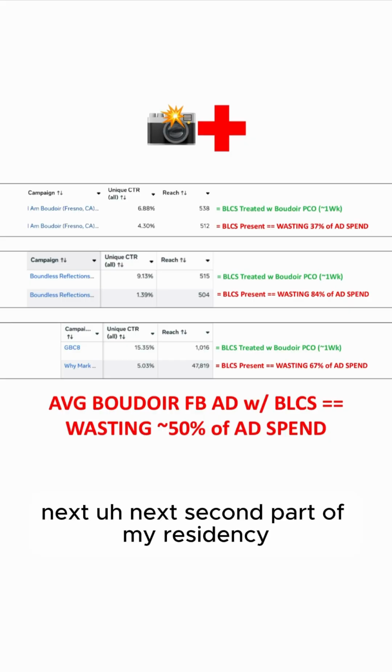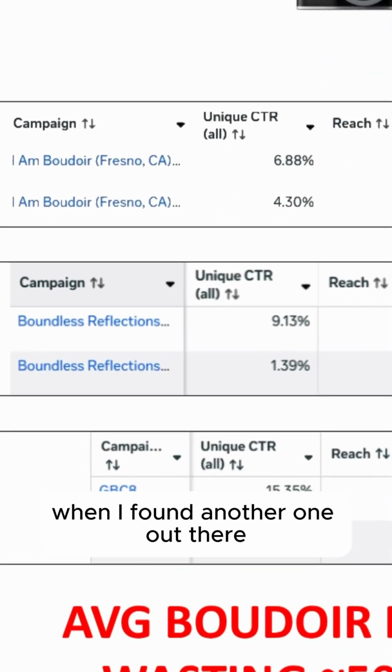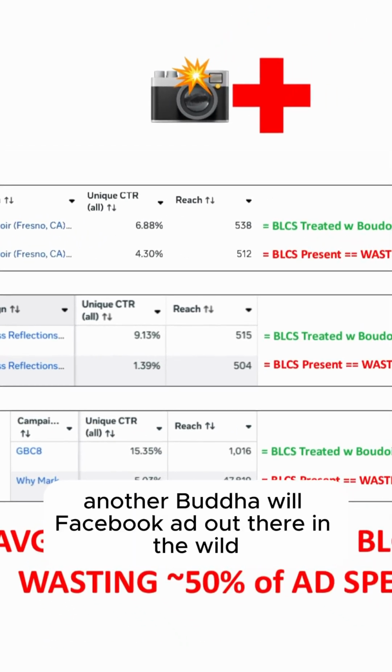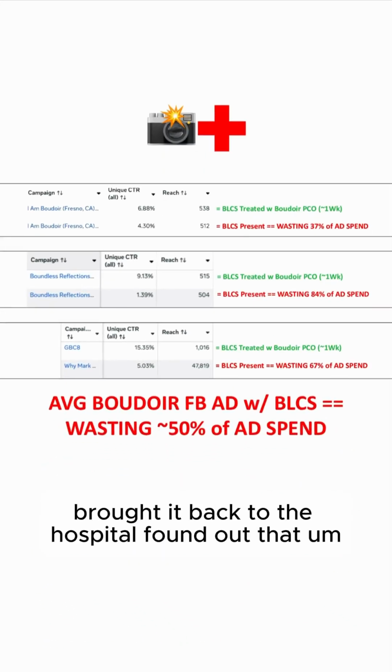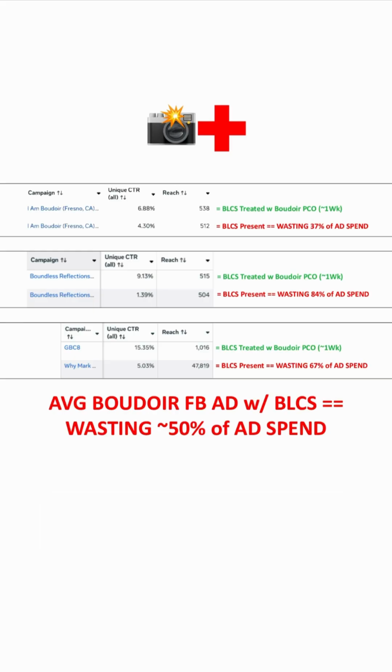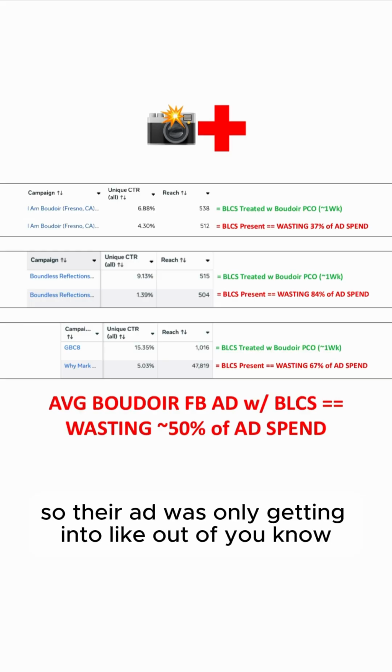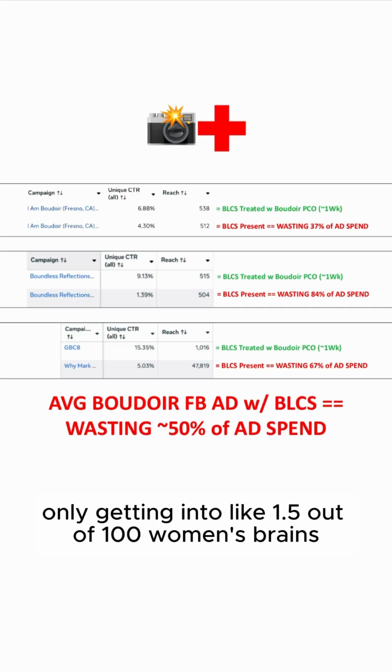Next, the second part of my residency, I found another Boudoir Facebook ad out there in the wild, brought it back to the hospital, ran it, and tested it. I found out BLCS was present, with a unique CTR of 1.39%. So their ad was only getting into like 1.5 out of 100 women's brains.